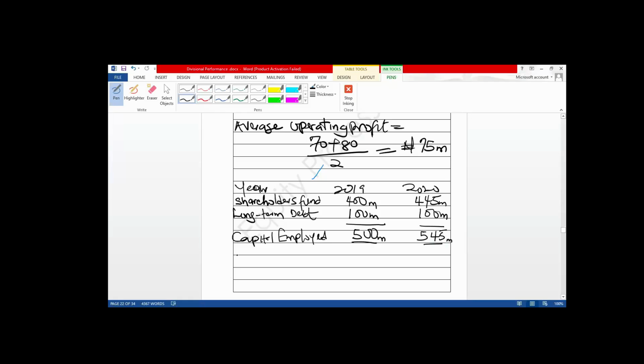Find the average. Average capital employed is equal to 500 plus 545 divided by 2, 522.5 million.